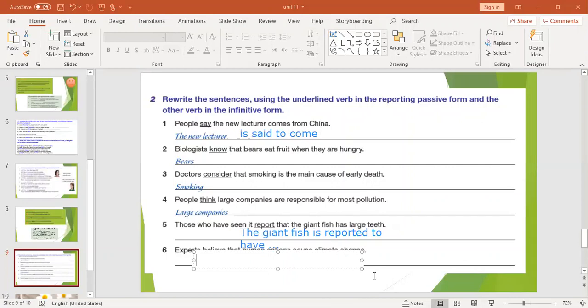Experts believe that human actions cause climate change.